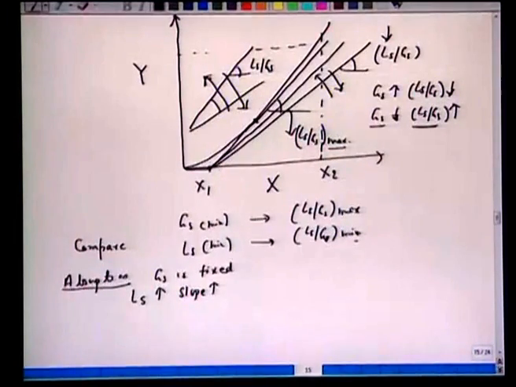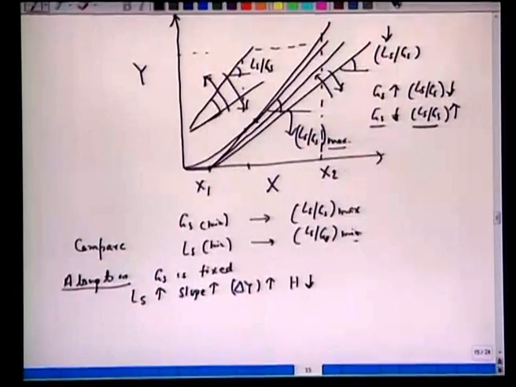If the slope increases, then the driving force delta y increases. Height decreases, because now we have a large driving force, so we require a smaller height to achieve these concentrations. And look at this movement of x mole fractions.